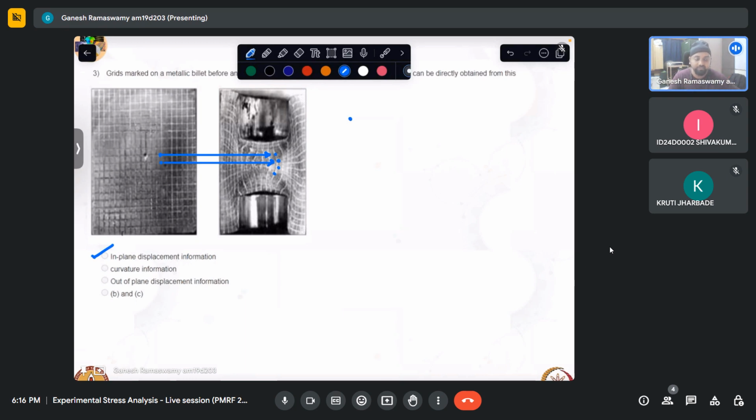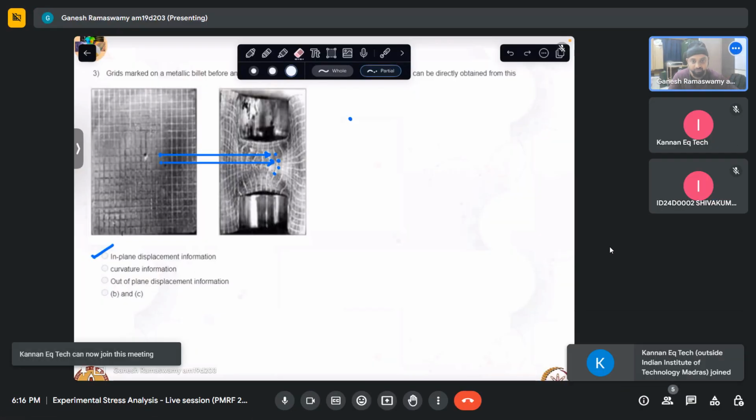If we are able to get the change of slope of the slope itself, that is the double derivative of the displacement, then we will be able to get curvature information also. And since we are talking in plane, it is not out-of-plane displacement information that we are seeing. We are essentially looking at in-plane displacement information.